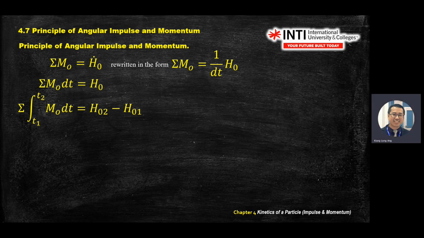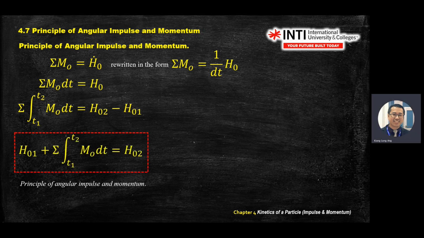This is the difference between linear and angular. So when you continue deriving, you'll get the same structure: the angular momentum before plus the angular impulse equals the angular momentum after.